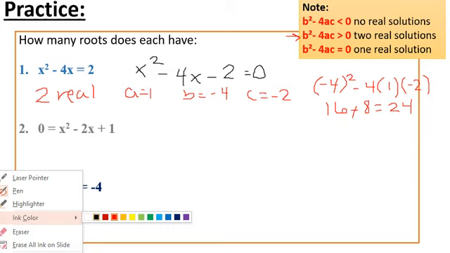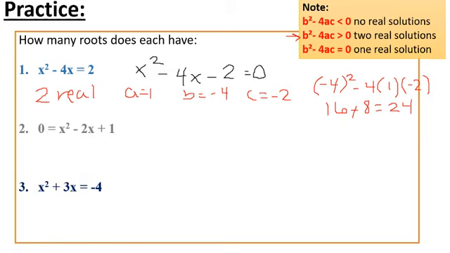Okay, let's look at example 2. x squared minus 2x plus 1. My a in this case is 1, my b is with that x, which is negative 2, and my c is 1. So again, let's plug it into this discriminant. b squared, well, b is negative 2, so negative 2 squared minus 4 times 1 times my c, which is 1.